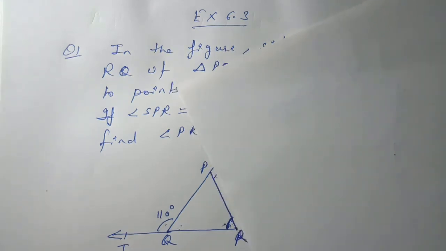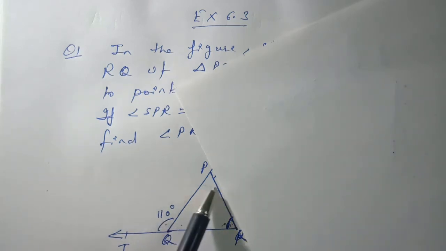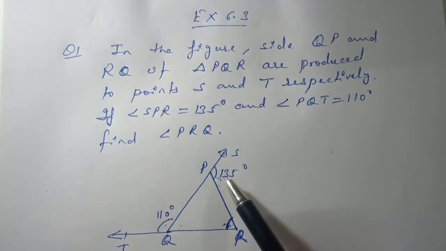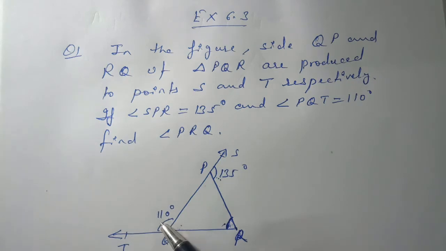If we hide this angle, then we get this exterior angle and the angles opposite to it are angle P and angle R. Since we have to find the value of angle R, we have the value of the exterior angle. If we get the value of angle P, then using the exterior angle property we can find the value of the required angle. So either you can use this angle or you can use this angle.